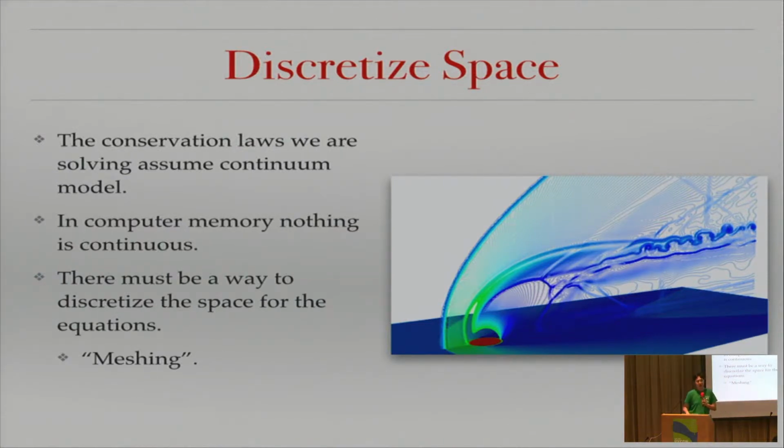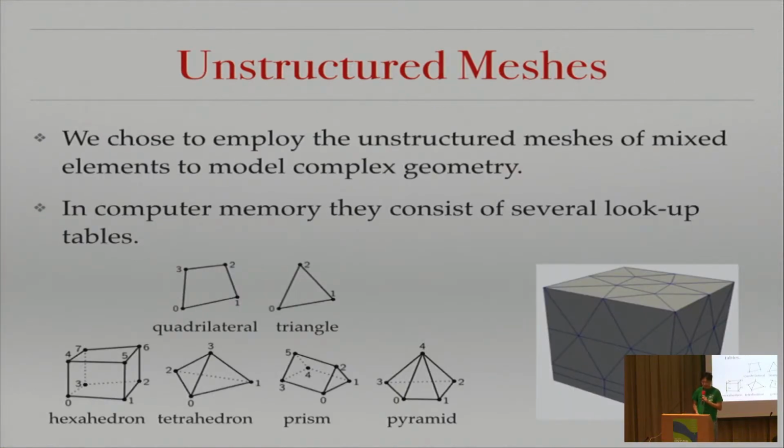Computers do not know anything like continuous. So this is the result that I have shown you. You see some lines and something, but they are really contours from some discrete field. So this is the way in SOLVCON we discretize the spatial domain.